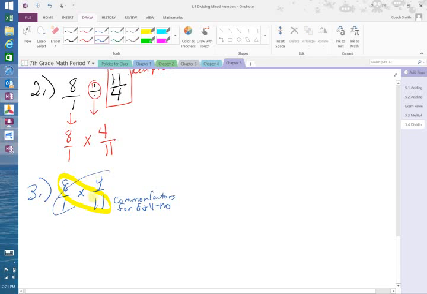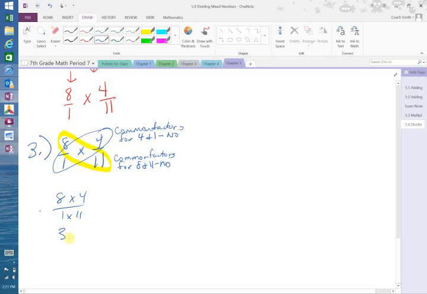Is there any common factors? Four, and 1. Well, 1, but that doesn't get us anything. So no. So now I've just got to multiply. 8 times 4, 1 times 11. 32 over 11.